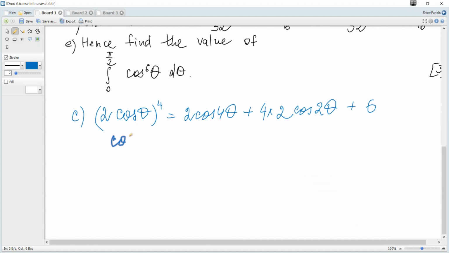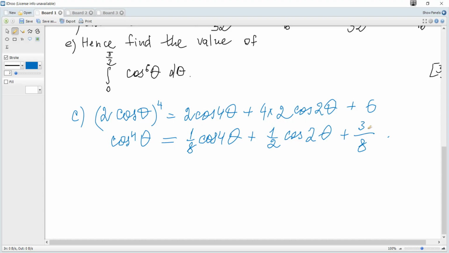And then for cosine to the power of 4 of theta, just divide each term by 2 to the power of 4, which is 16. So it becomes 1 over 8 cosine of 4 theta plus 1 over 2 cosine of 2 theta plus 6 over 16, or 3 over 8.